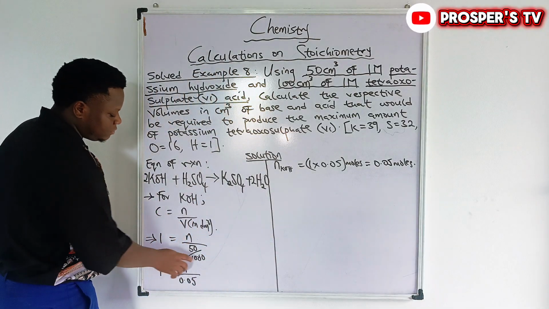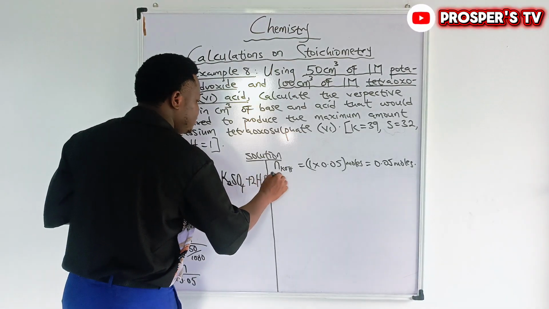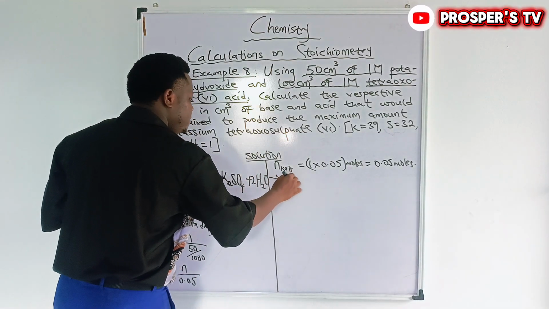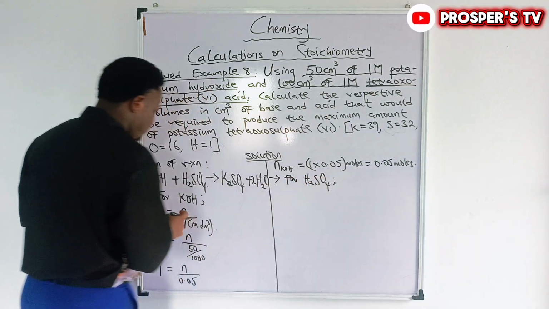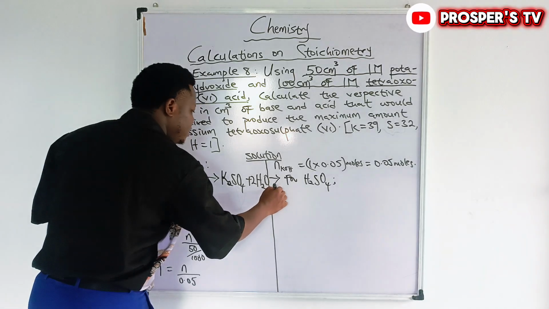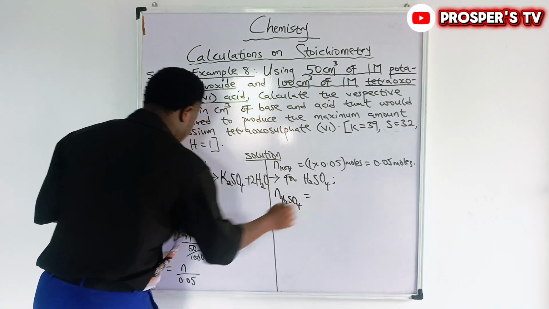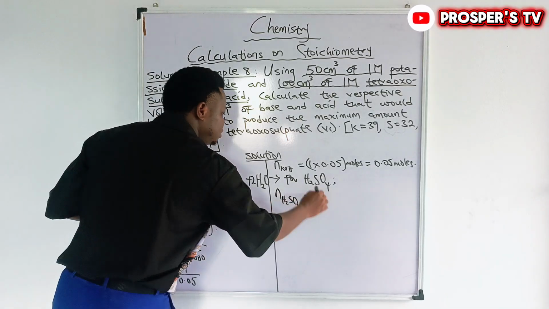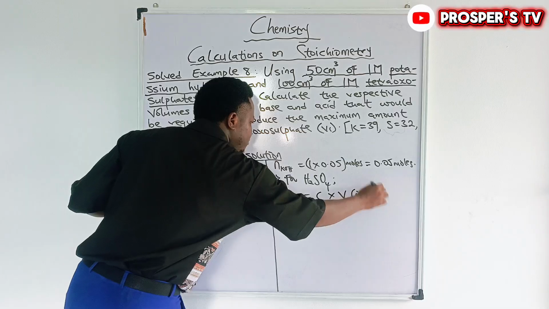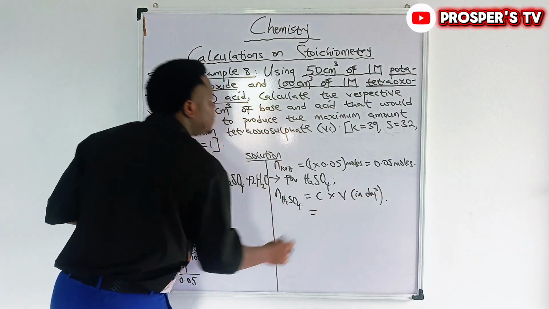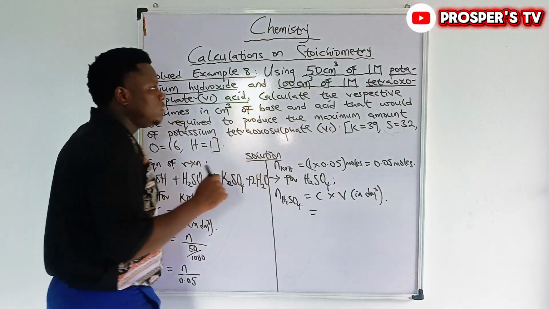All right, so after establishing that, we move forward and we do the same thing for H2SO4. If we make n the subject of formula here, n of H2SO4 will be equal to, if you cross multiply, concentration times volume. Remember, in dm cube. So the concentration for the acid is 1 mole per dm cube.